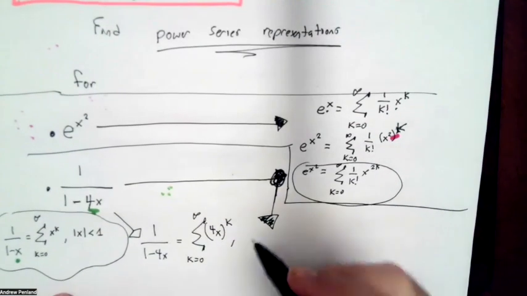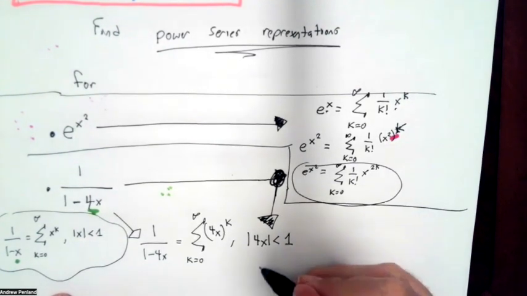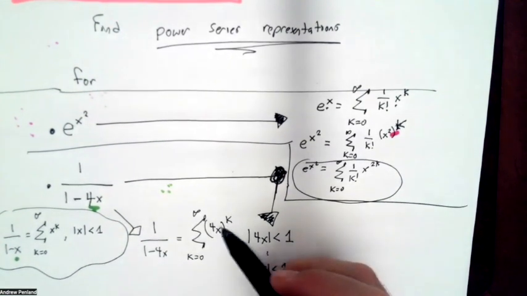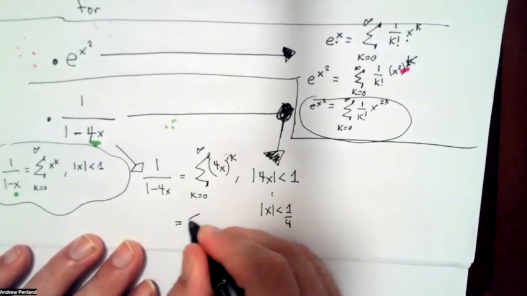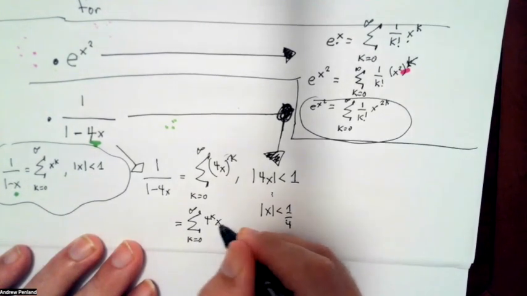But now this is going to be valid when the absolute value of 4x is less than 1, which would mean that the absolute value of x is less than 1/4. And it'd be more common to distribute this k to both the x and the 4, so that this is rewritten as the sum from k equals 0 to infinity of 4 to the k times x to the k.